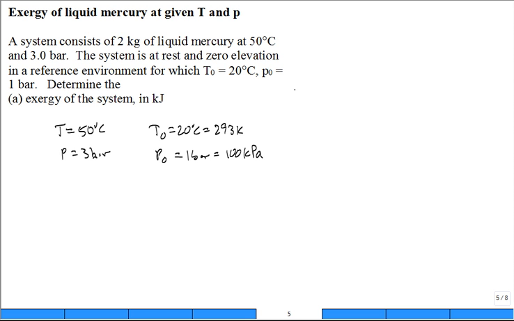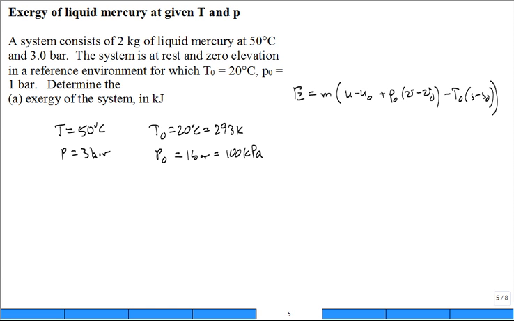It's the same equation we had. E is equal to M times U minus U naught plus P naught times V minus V naught minus T naught times S minus S naught. And I neglect the kinetic and potential energy because they tell me that. So what do we know about liquid mercury? It's incompressible as well.